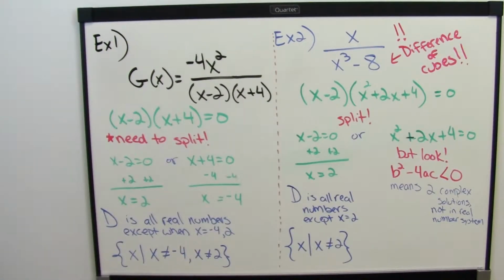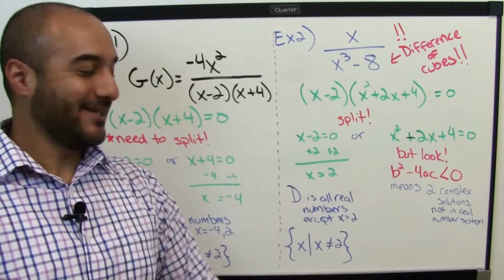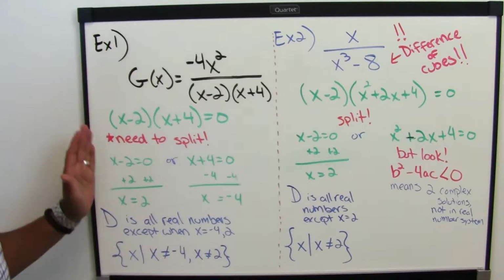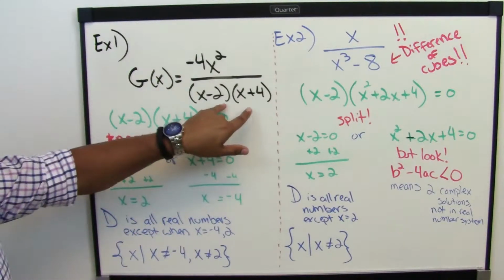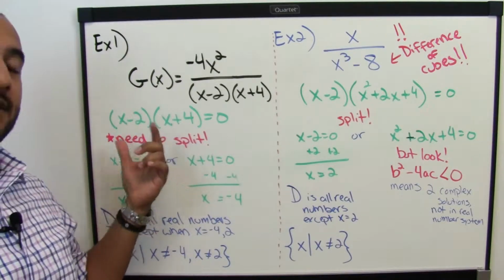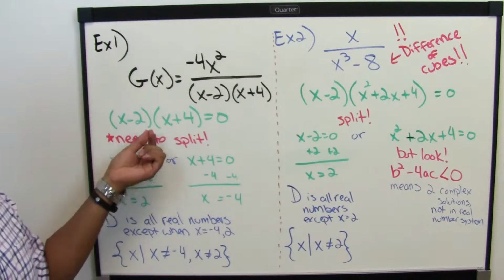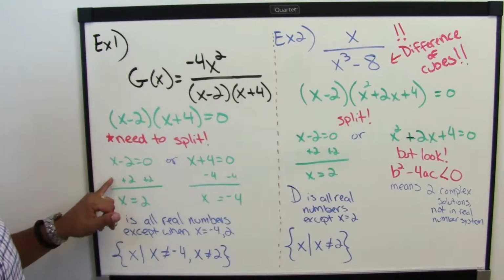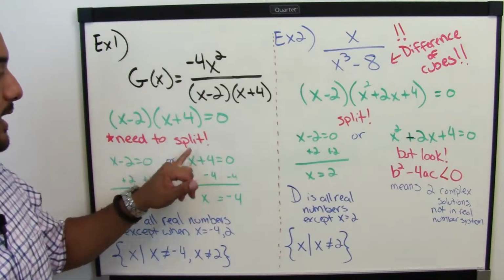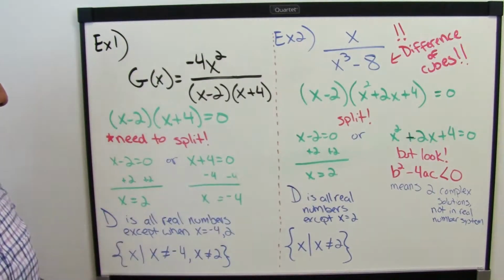Okay, so here are the answers. Let's break it down a little bit because there's a lot happening, right? So in number 1, remember we cared about our denominator, so we want to see when this whole thing will be equal to 0, but we notice that it's a factored quadratic, so we need to split it up. So either x minus 2 is equal to 0 or x plus 4 will be equal to 0.